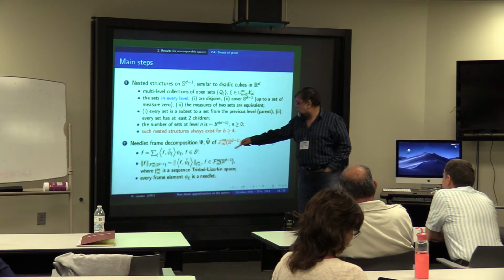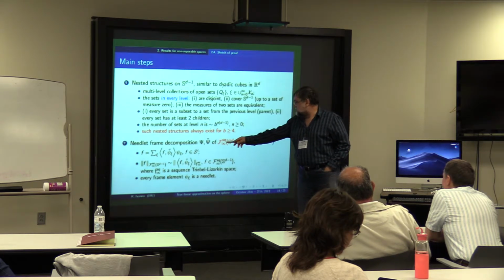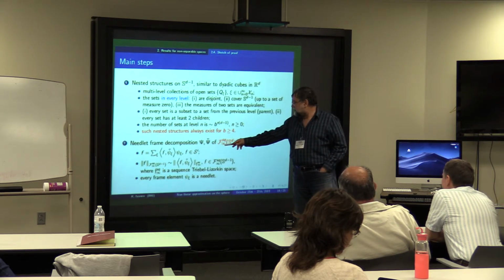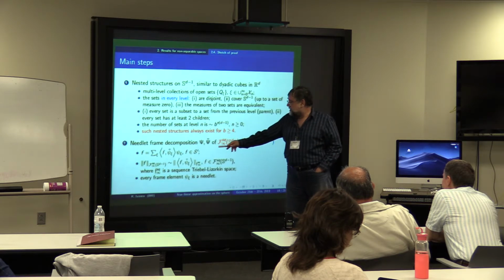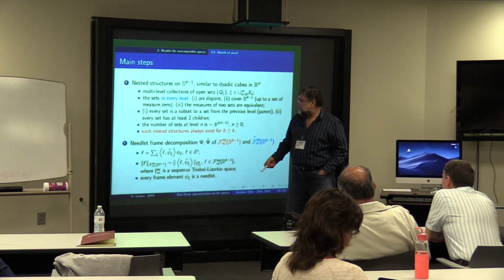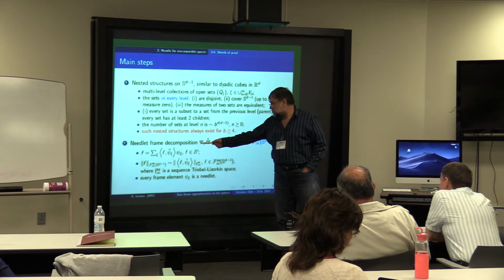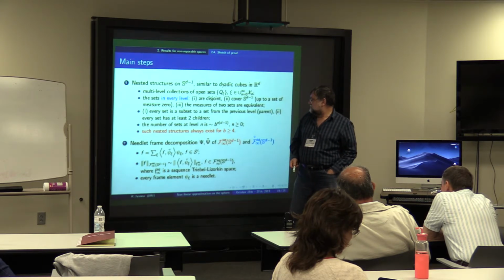After that, for all these spaces of Triebel-Lizorkin type, F_{s,q}^infinity, and the homogeneous, the separable spaces, we are constructing a needlet frame decomposition. Psi is the frame, the dual frame is psi tilde.